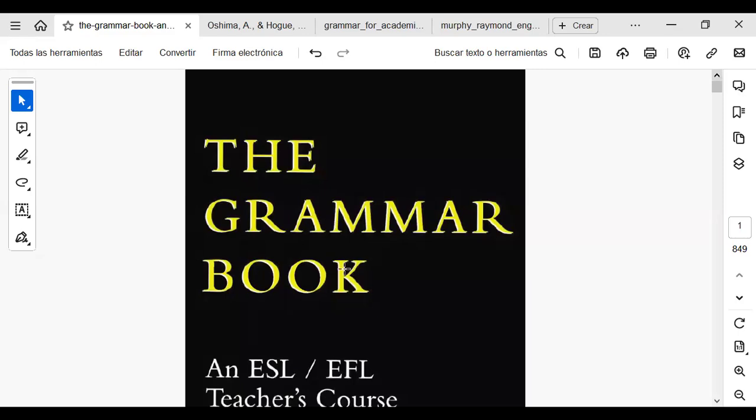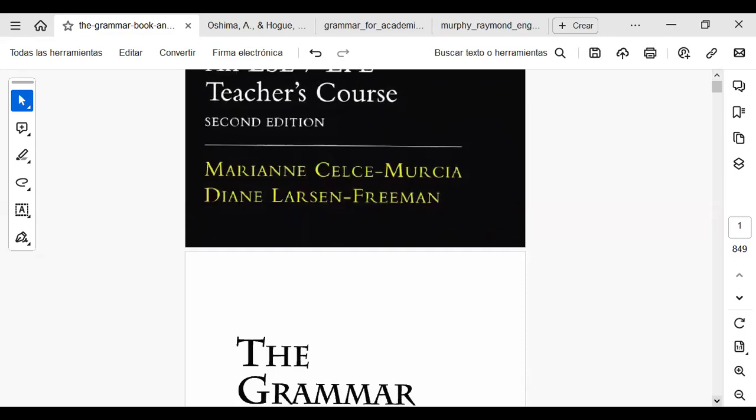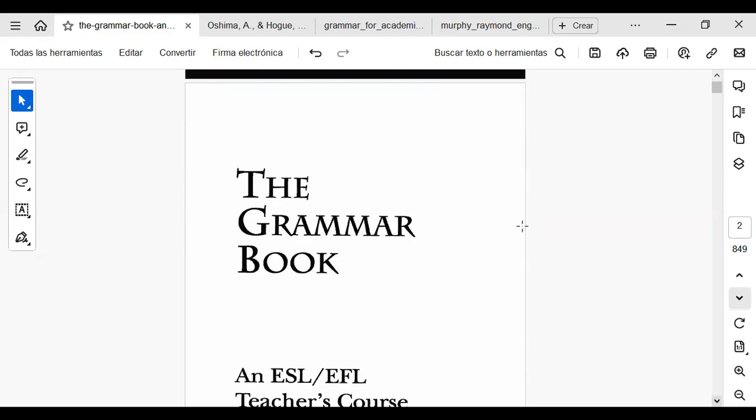I'm going to send the link for this right now, okay? And you put it here in the browser. This is the browser. La página, page.